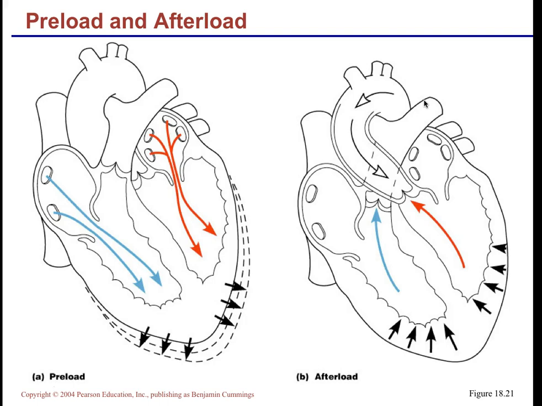And if you have hypertension, let's say in the aorta over a long period of time, then that pressure is going to go abnormally high. And afterload is going to be an issue. And the heart is going to then have to work harder because there's more pressure due to the hypertension.